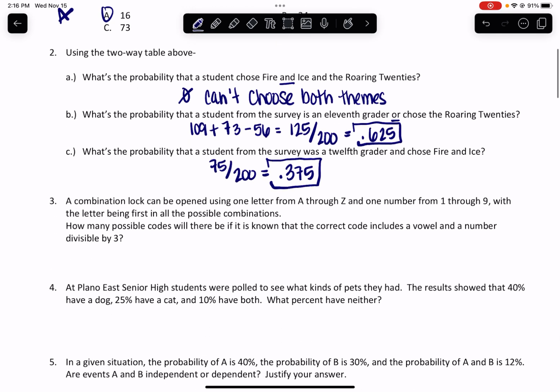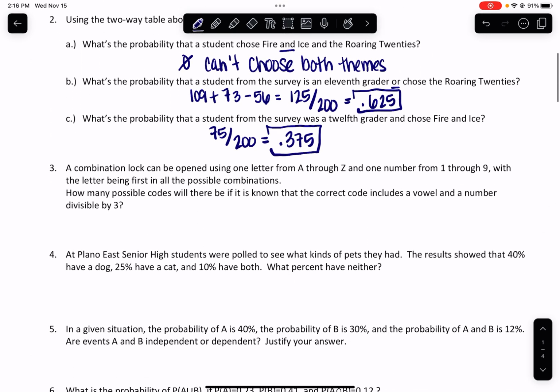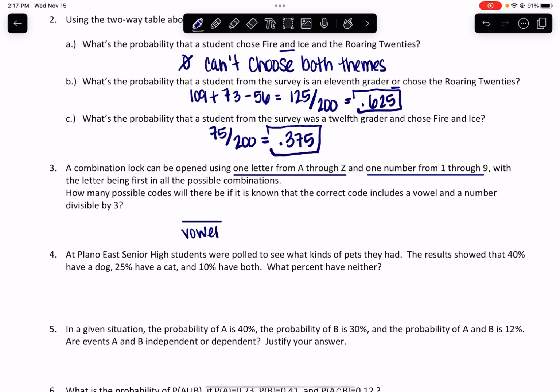So now we're off the two-way table and we are going to a word problem. It says a combination can be opened using one letter from A through Z and one number 1 through 9. With the letter being the first in all possible combinations, how many possible codes will there be if the correct code includes a vowel first, and then the next one is divisible by 3?